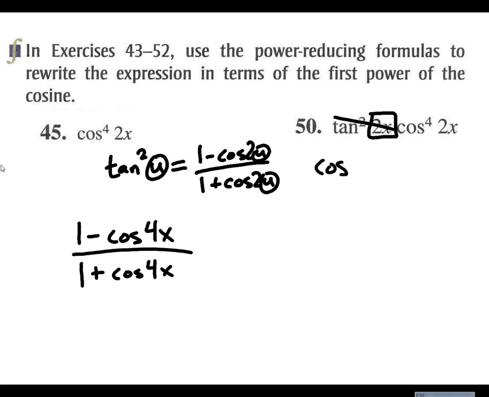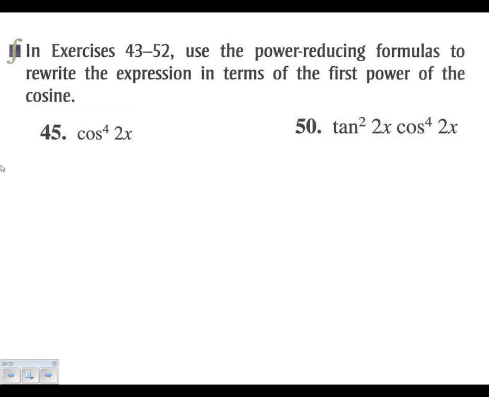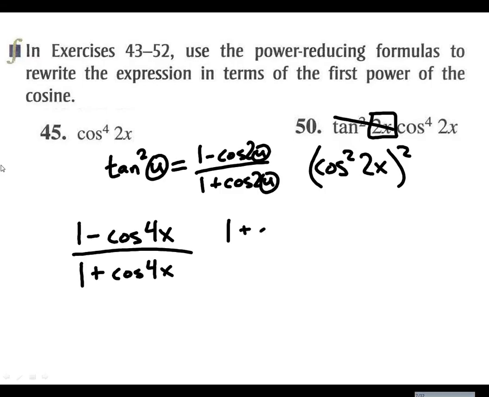We don't have any to the fourth formulas, but we do have cosine squared of 2x, squared. Right? And we do have a formula for cosine squared. The formula for cosine squared is, flip you over to it, cosine squared is 1 plus cosine 2u over 2. What's our u in this case?